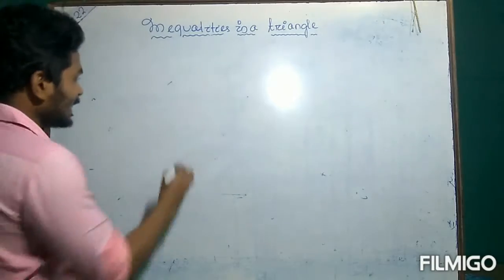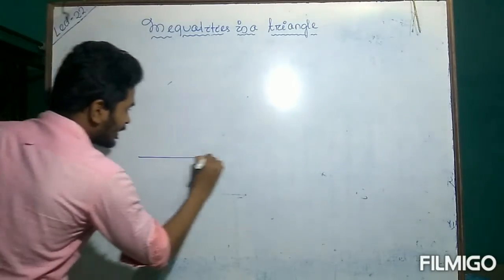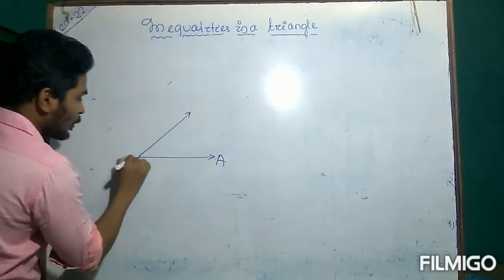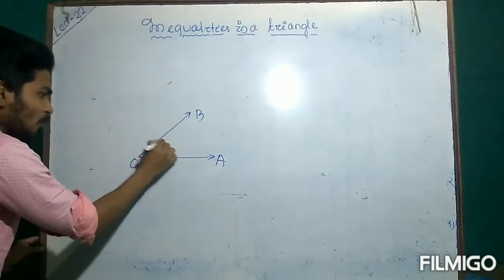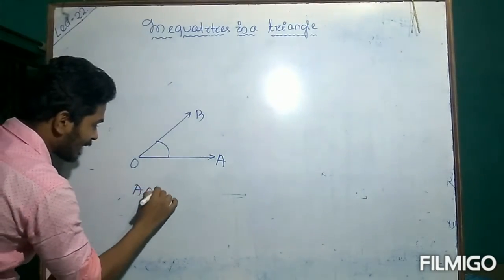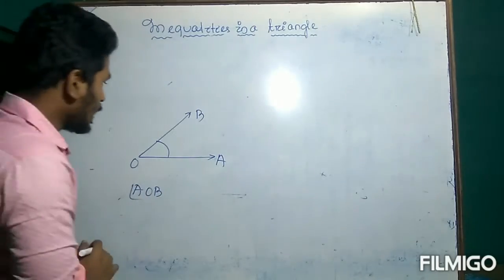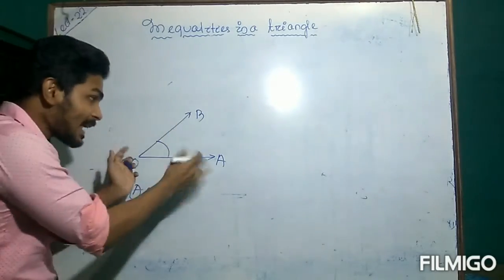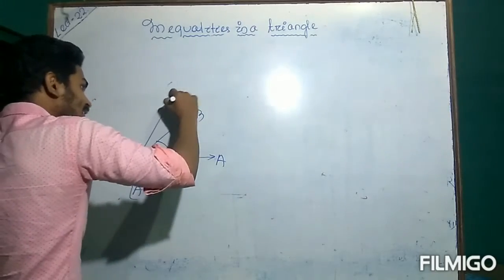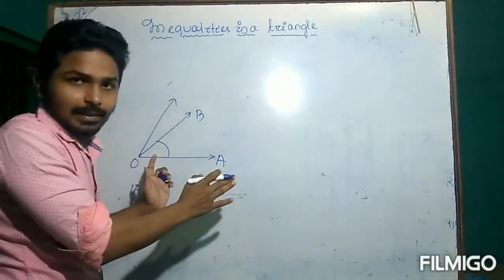For example, if this is an angle AOB, then AOB is an angle. Understood? Next, we will draw another angle having the same base OA. Here we have drawn another angle having the base OA.